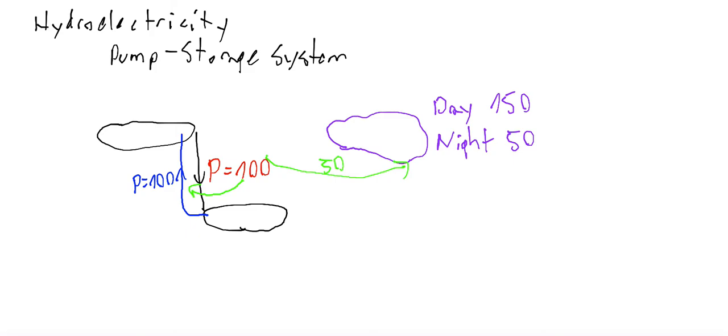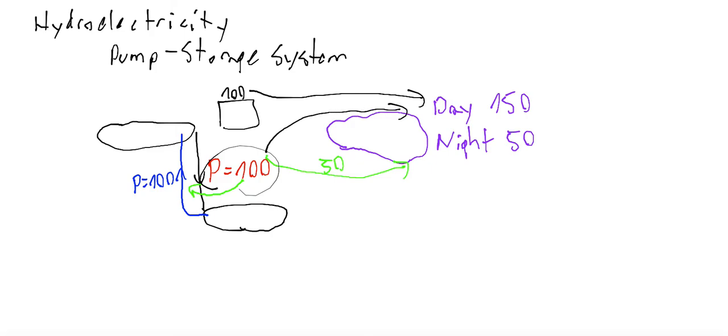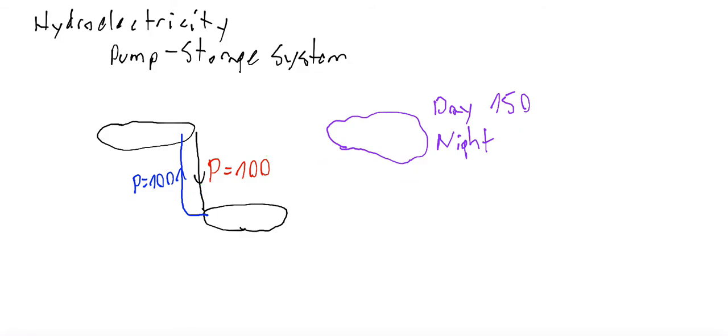Because if you have a power plant which produces, let's say, 100 units, at day it can deliver 100 units to the city, and falling water can also deliver the amount which is needed, the difference to the city. Is it clear? So again, wait, let me explain it again.